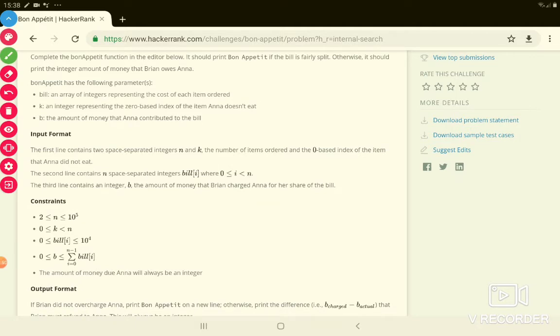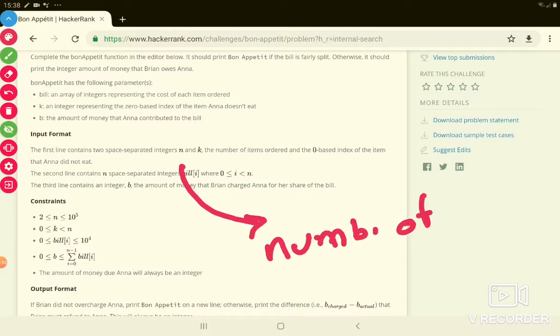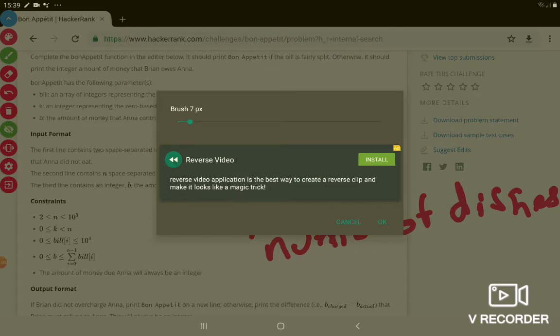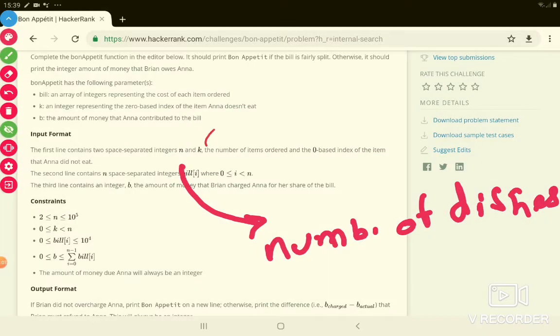Input format: the first line has n, the number of dishes, and k, the index of the dish Anna did not eat.